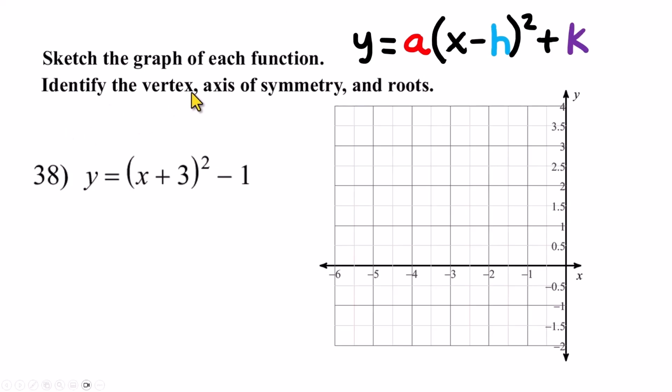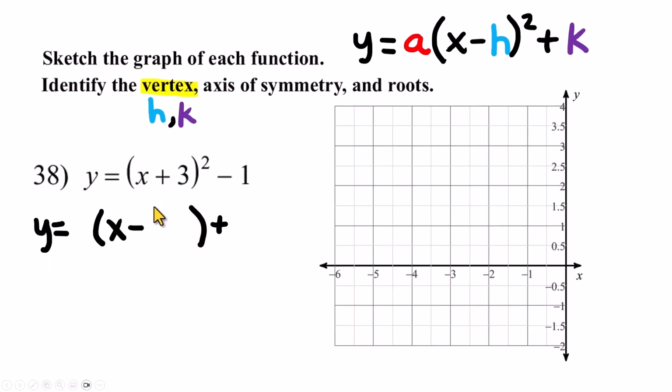The vertex of this, it's going to be a parabola. The vertex of the parabola is HK, which is a little tricky because the H has got a negative in the formula, so we've got some sign flopping going on there. K is whatever it is because there's a plus in the formula. So the vertex being HK, how do you figure out the sign of that H? Well, the template of the formula has the x minus in it.